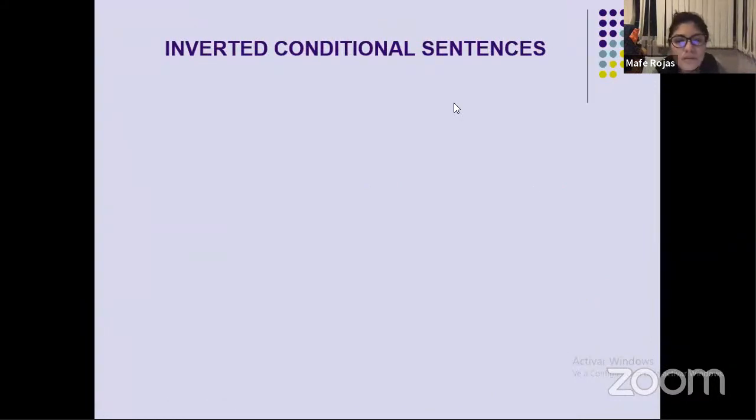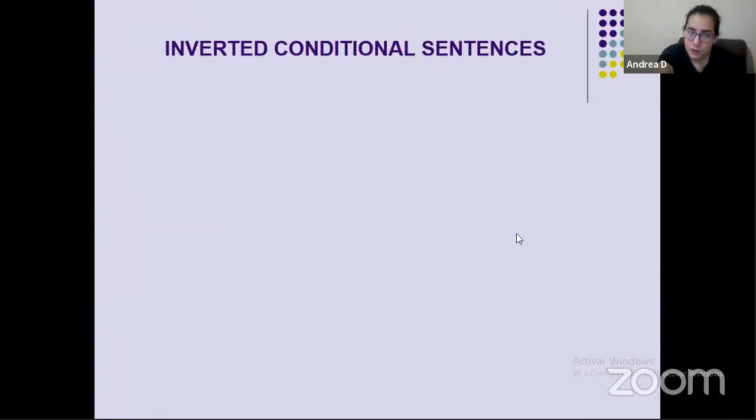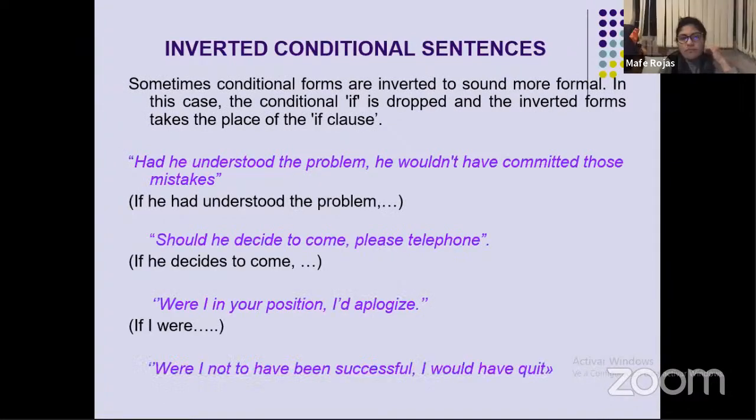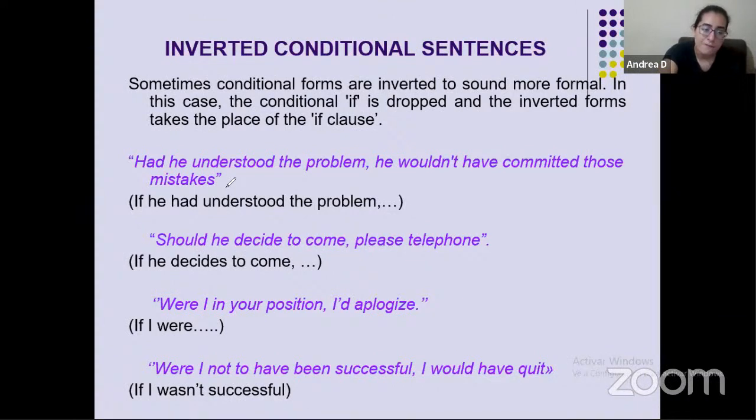And finally, the last thing, I think we talked about this, which is when you have conditional sentences. When you have the third conditional, if he had understood the problem, he wouldn't have committed those mistakes. You can invert it. You don't need anything else. You just invert it.